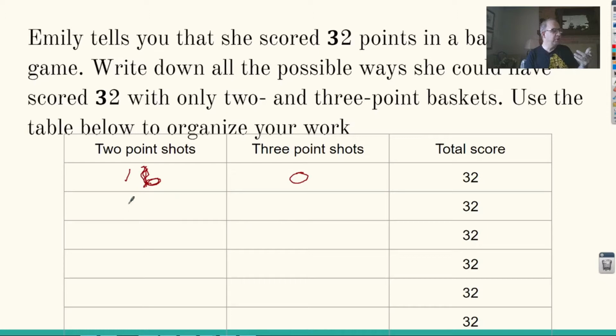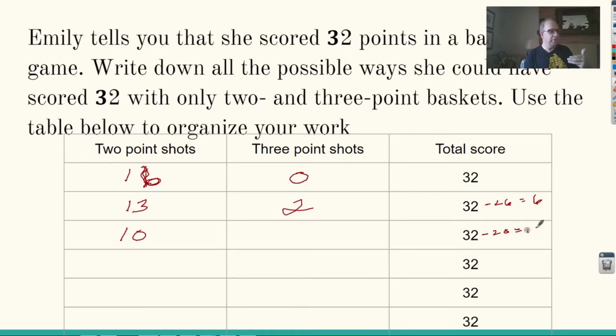If she did 13 2-point shots, that'd be 26. 32 minus 26 is 6. So that would be 2 3-point shots. So she got 13 2-point shots and 2 3-point shots. And we can go on like that. So if she did 10 of these, that would be 10 times 2 is 20.